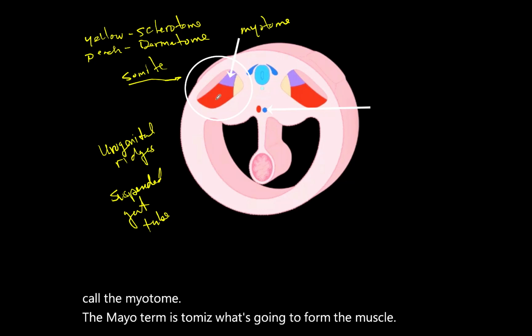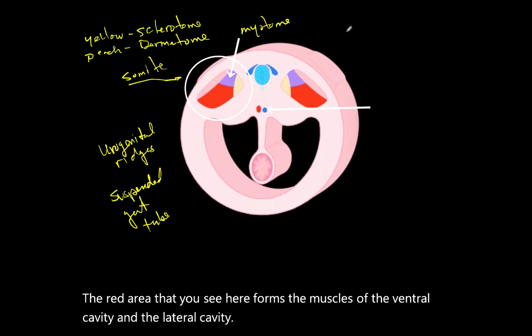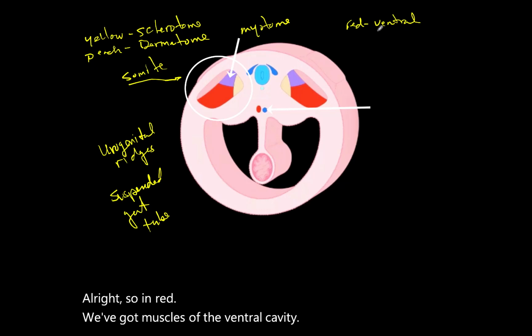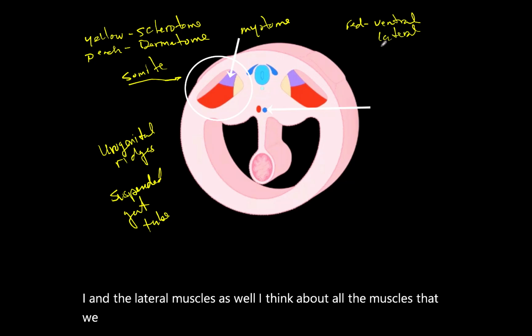The red area that you see here forms the muscles of the ventral cavity and the lateral muscles as well. Think about all the muscles that we learned, as well as the muscles of the limb.